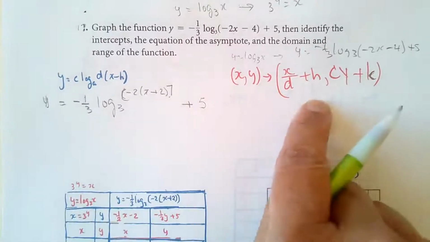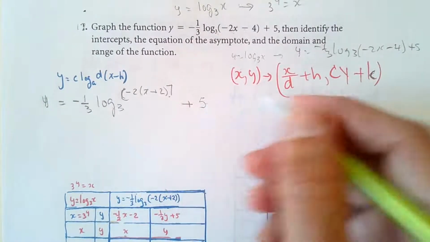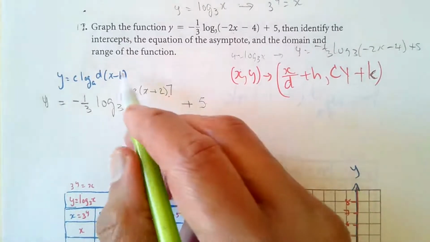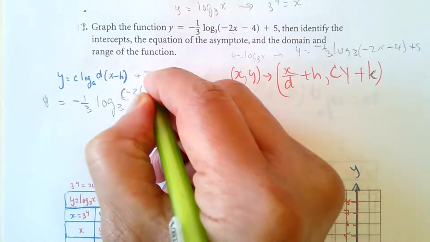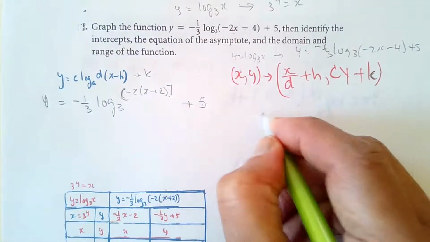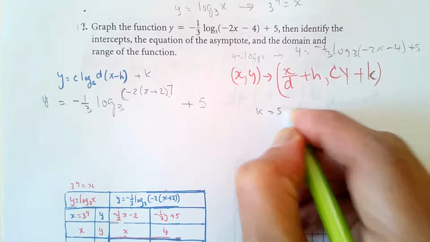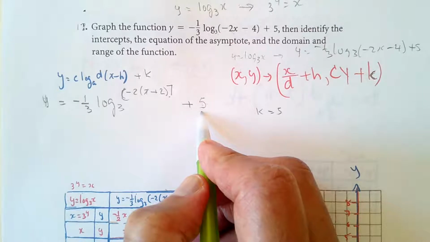So if we were to compare it with this graph here, we have k. Oops, I forgot my k here. So k is 5. So we have a vertical translation, 5 units up.